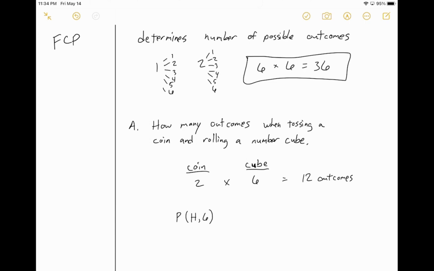Well, remember, there are 12 outcomes, right? So the probability of getting a heads and a 6, there's only one of those. So the probability is 1 out of 12. The fundamental counting principle just determines the amount of outcomes. The probability part is kind of a separate thing.